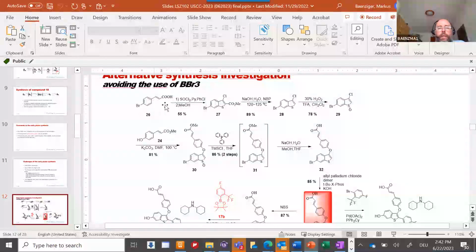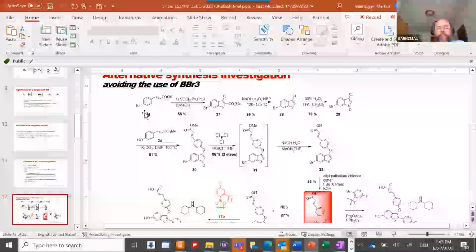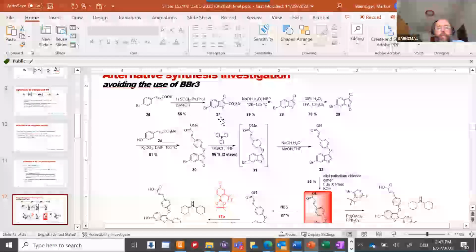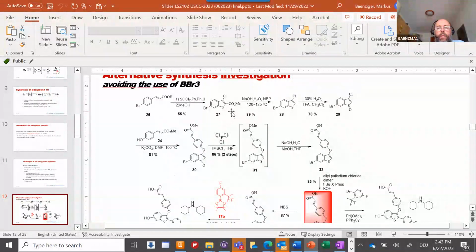And we were still thinking about using this Higa cyclization, but instead of using the methoxy compound, we wanted to use the bromo. So we started off with the 4-bromocinnamic acid and used the bromo as a masking group for the phenol. And the strategy was working pretty good. So we did here the first step, the Higa cyclization, and then transforming to the ester. The yield could slightly be improved to 55%.